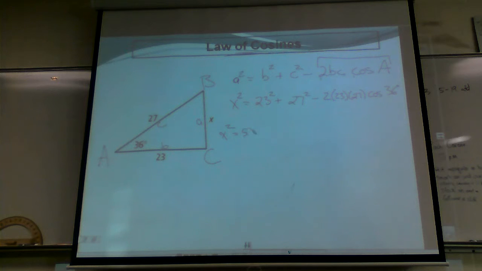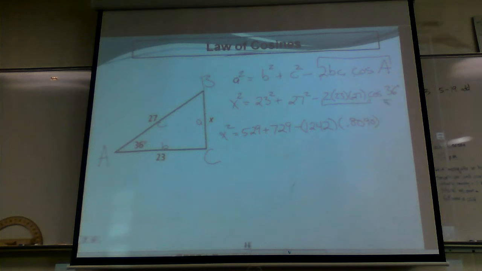529. 529 plus, what is this part? 2 times 23 times 27. And then what's the cosine of 36? 0.809.